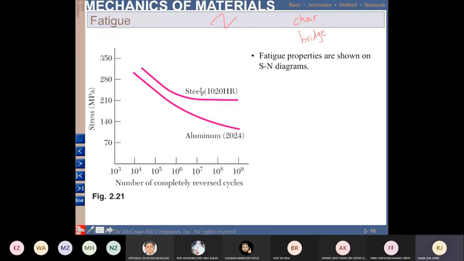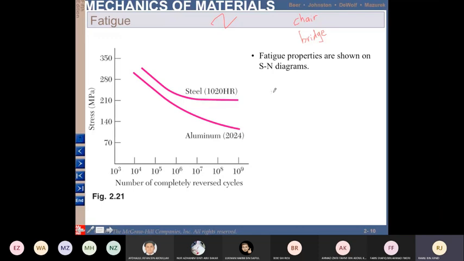If the load that you give to that object does not reach the fatigue limit, does not reach the load at which it will be broken, then that product or that object or that bridge or whatsoever can last forever.